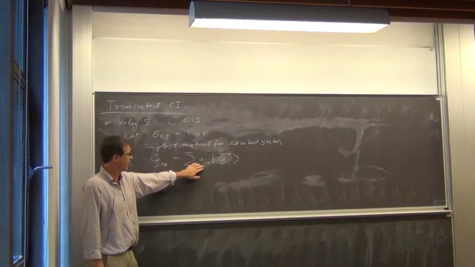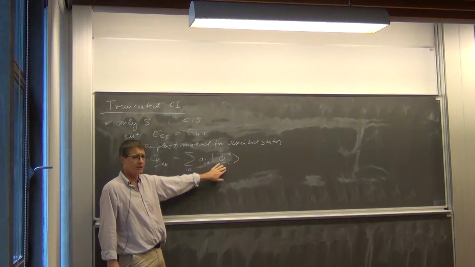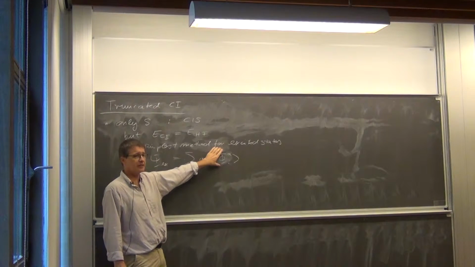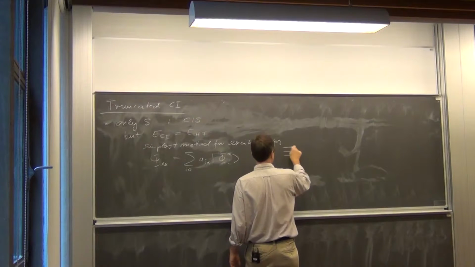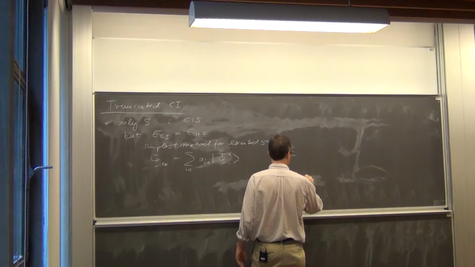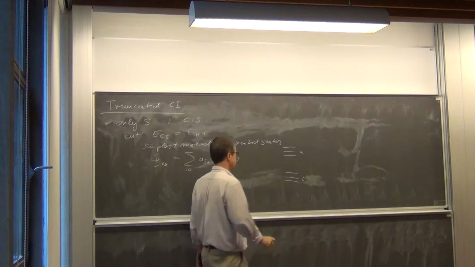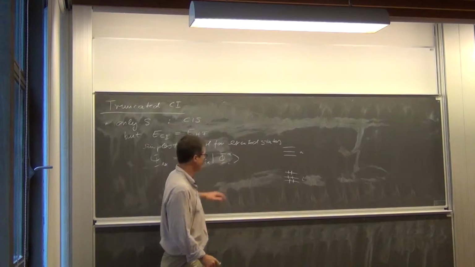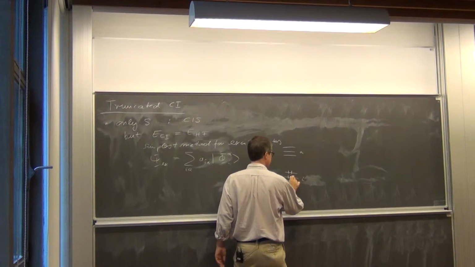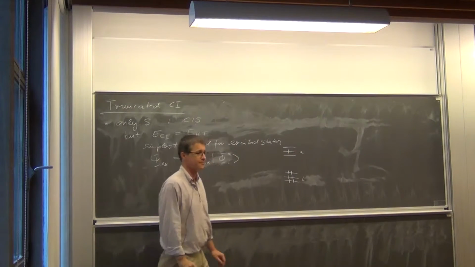because those coefficients tell you how you combine those determinants. Each of those determinants has a simple picture, because if you have some occupied orbitals and some virtual orbitals, then here was an occupied orbital i, and there a virtual orbital a. This determinant just corresponds to moving one electron from the occupied orbital i up to here.